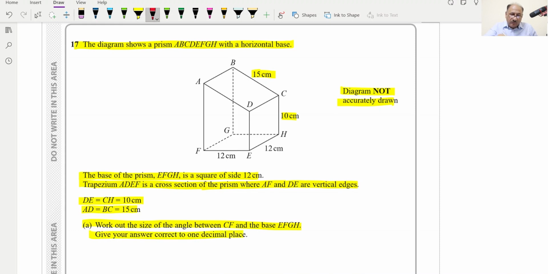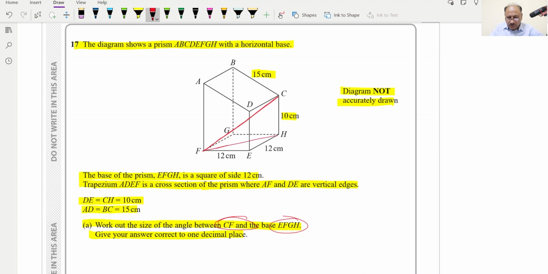So first of all, we have to identify where is the CF and the base. So if we draw, CF will be this one, CF, and the base. With the base angle, we have to draw this line also.